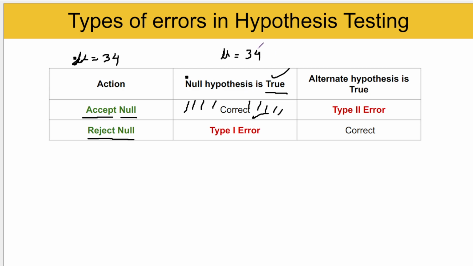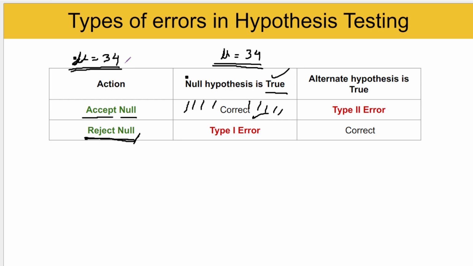Now suppose the actual mean age of India is 34, and my null hypothesis is also that it is 34, but I rejected the null hypothesis. My guess was actually correct, that it is 34.